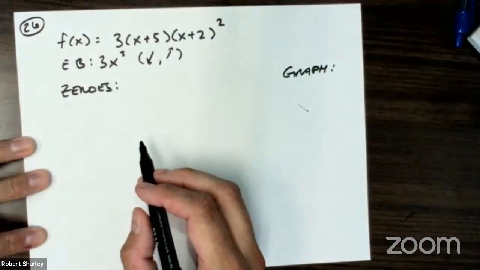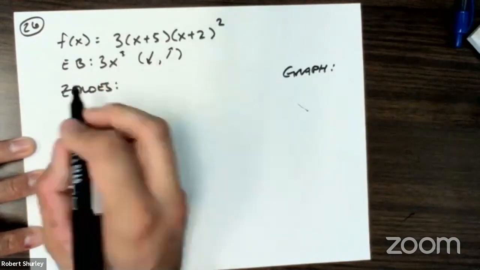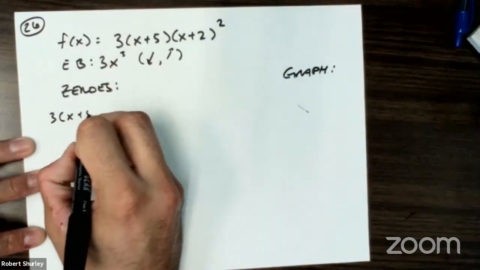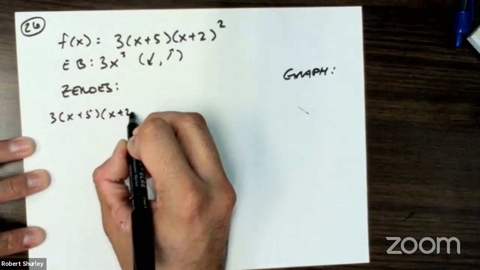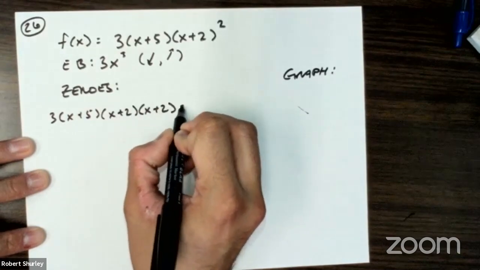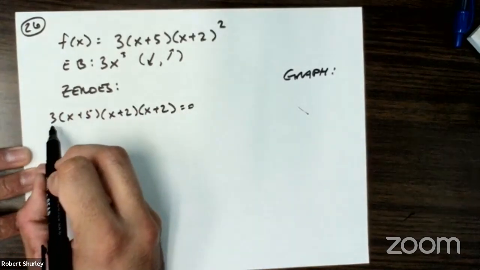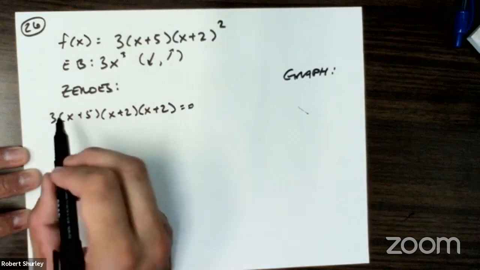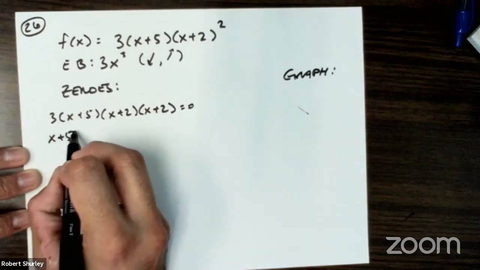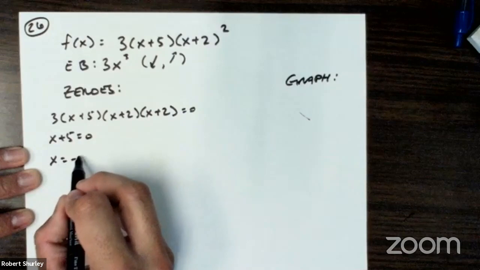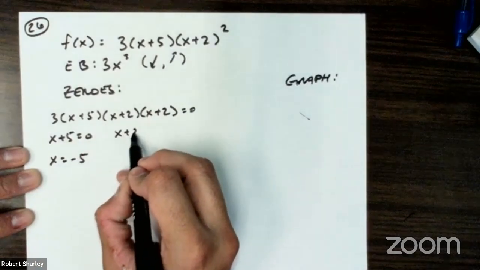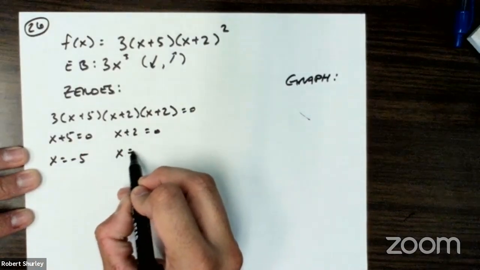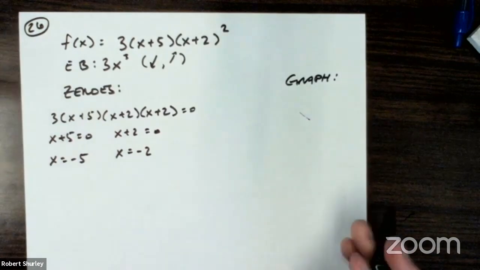Now zeros, though, which is kind of nice. Look, 3 doesn't matter. So if we want to write it out, so our brains kind of see it, not a dang thing wrong with that, okay? This doesn't have an x, so it's not going to change. It's not a variable, right? So x plus 5 equals 0, so x equals -5. X plus 2, look, I'm only going to write it once because I'm going to be a little lazy. Efficient in mathematics, right?